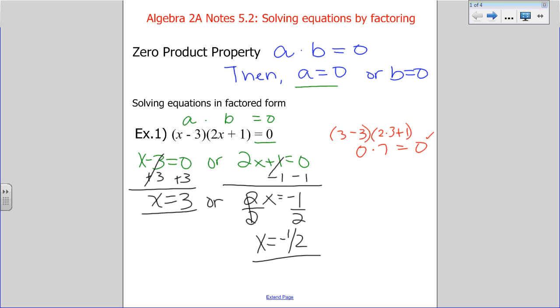If I plug negative 1/2 in, I get negative 1/2 minus 3 times 2 times negative 1/2 plus 1. Negative 1/2 minus 3 is negative 3 and 1/2 times negative 1 plus 1 is 0. And so negative 3/2 times 0 is 0. So what we find is whether I plug 3 in or whether I plug negative 1/2 in, they're both going to give me 0.